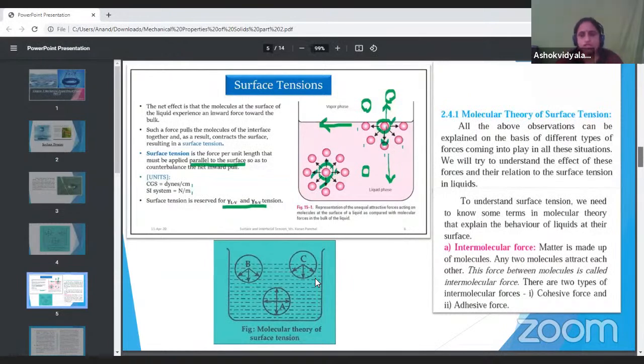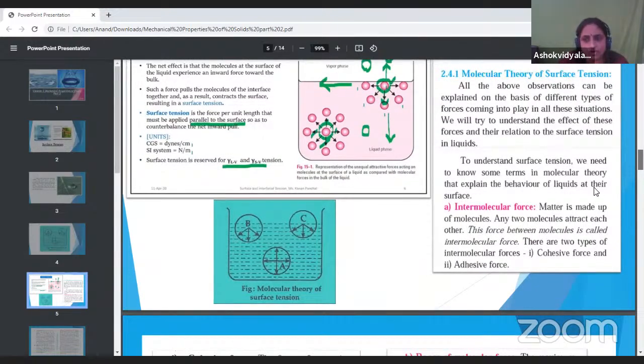See, all the above observations can be explained on the basis of different types of force coming into play in this situation. Now, first of all, understand the effect of these forces and their relation to the surface tension in liquids. To understand the surface tension, we need some terms from molecular theory, the first one being the intermolecular force.